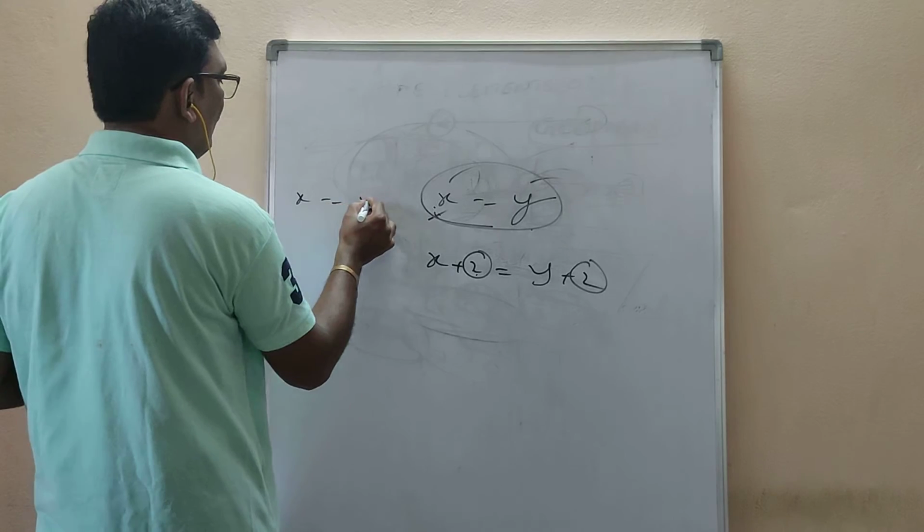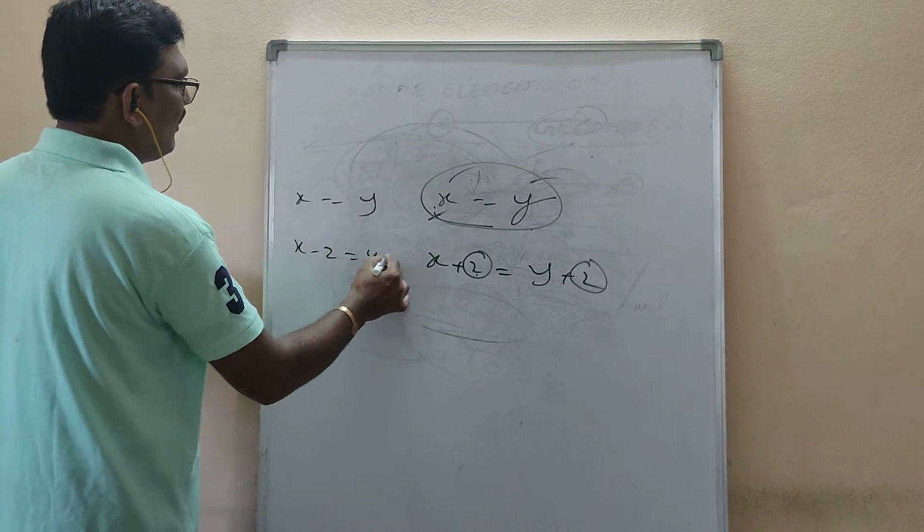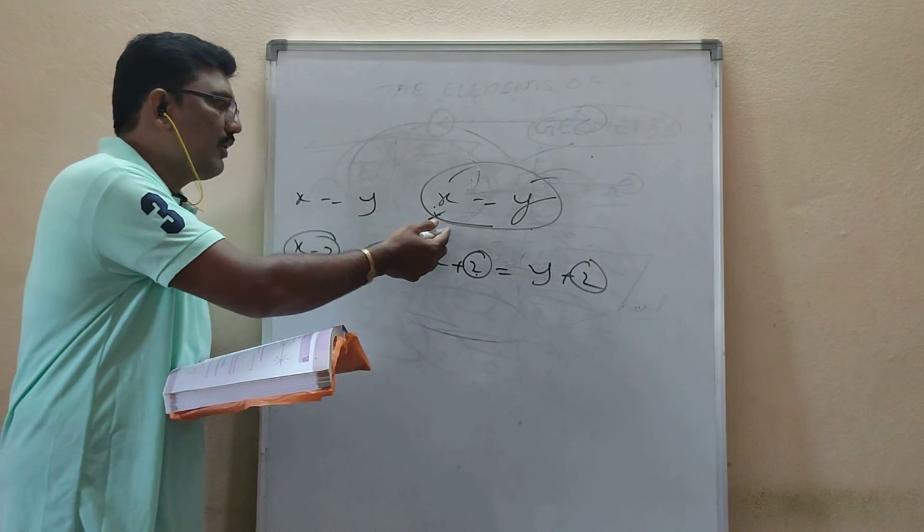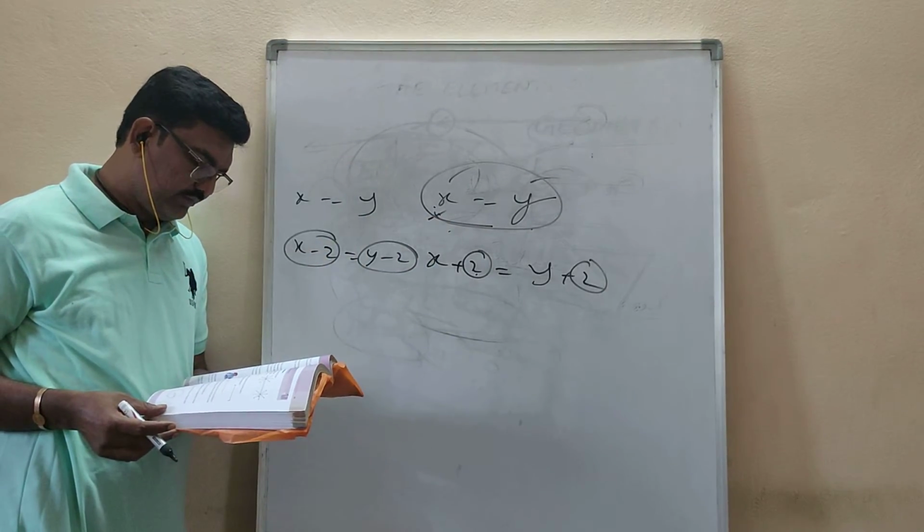Same thing, x is equal to y, so x minus 2 is equal to y minus 2. The remainders also will be equal. Here the addition rule, here the subtraction rule.